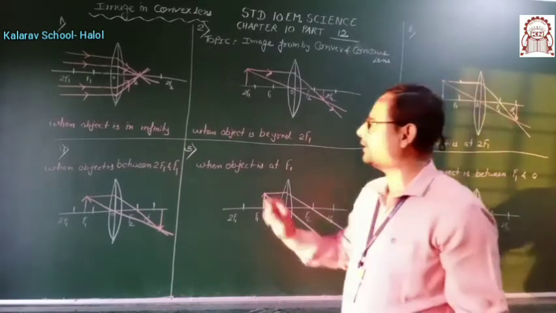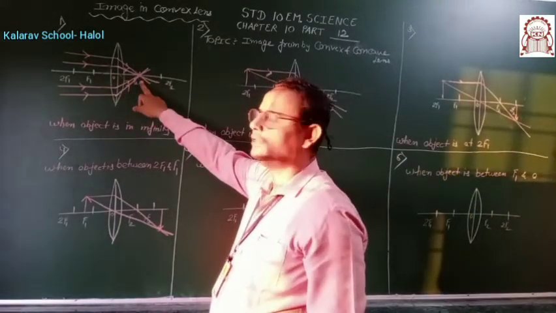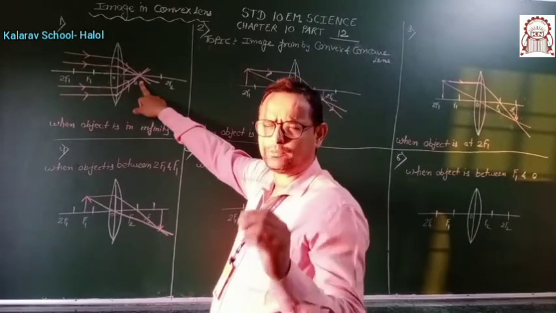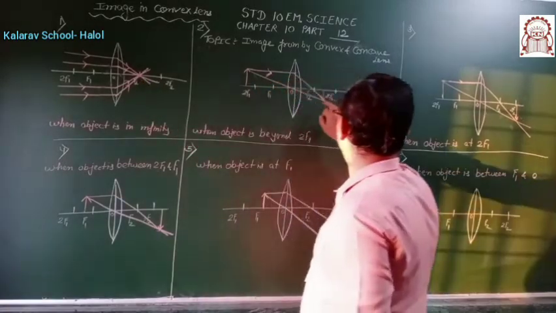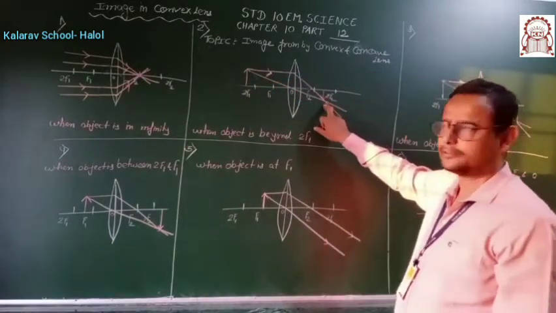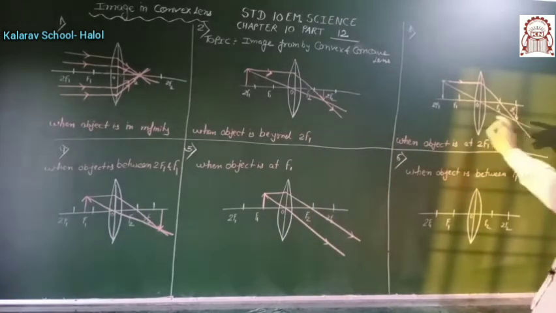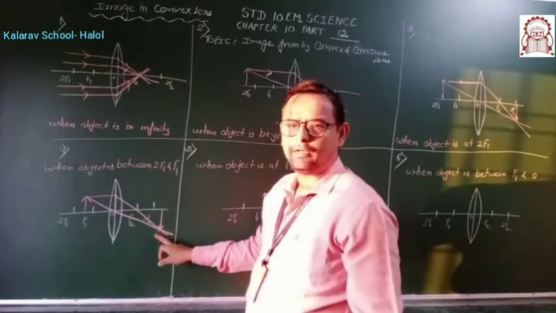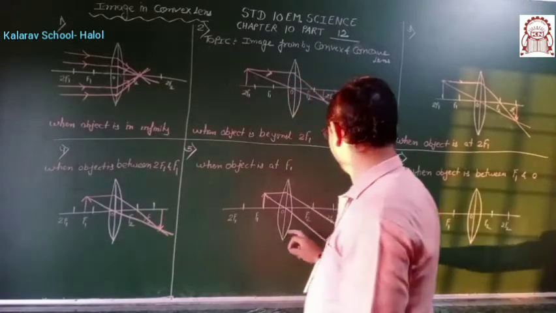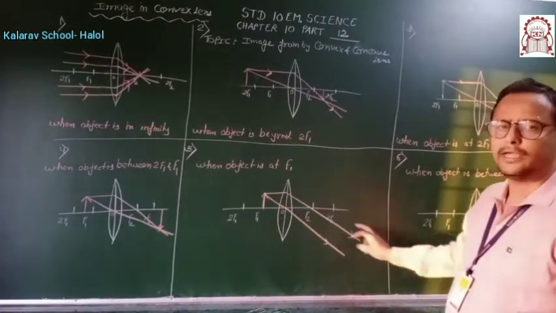The condition is only that here the image will be smaller, very point size, here smaller than the object, here the image exactly equal to the object, here the image larger than the object, and here too large than the object.